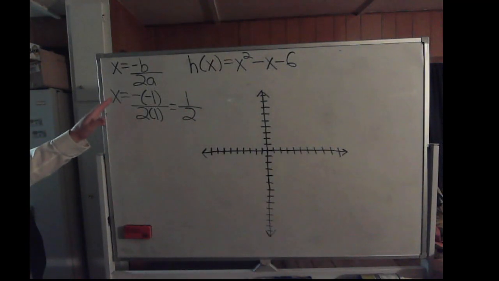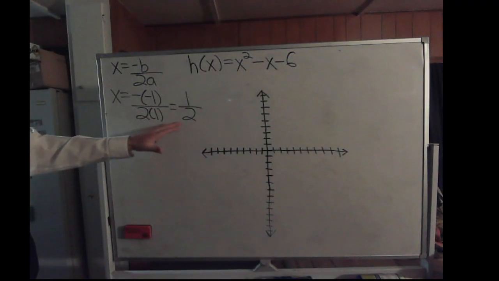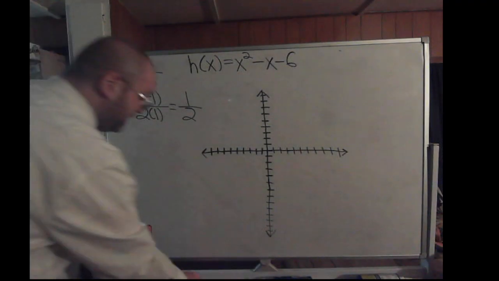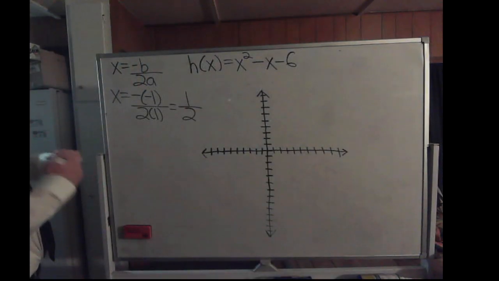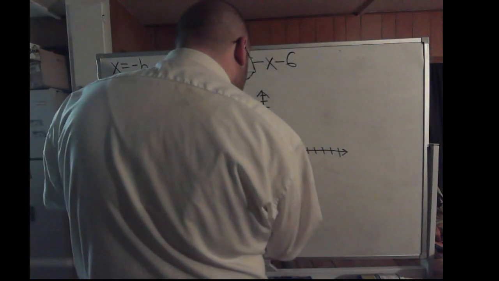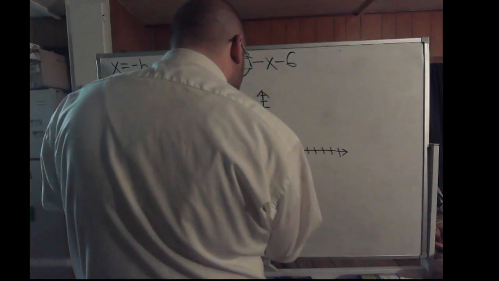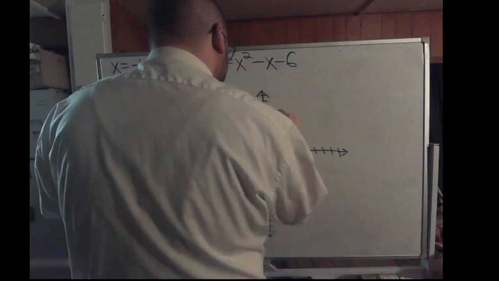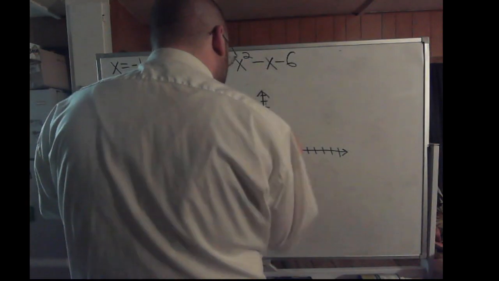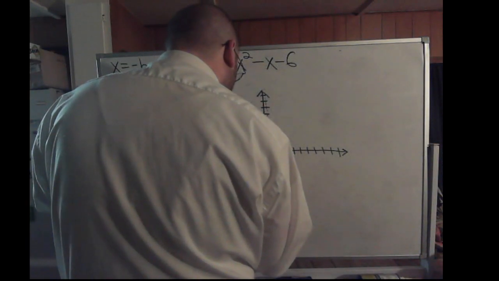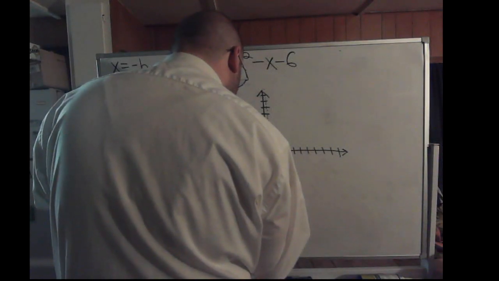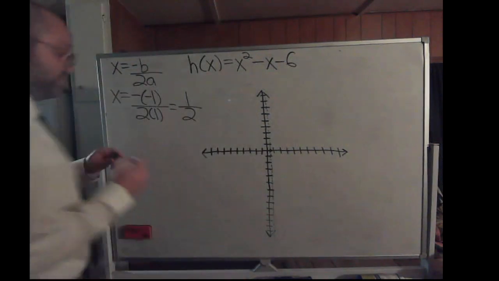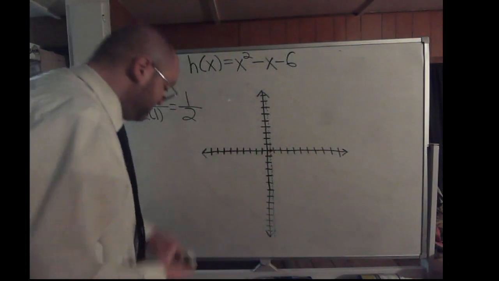So the x-coordinate of your vertex is at 1/2, which also means your line of symmetry is at x equals 1/2. And I'm going to draw a little dotted line here at x equals 1/2. So that is the line of symmetry, at x equals 1/2.